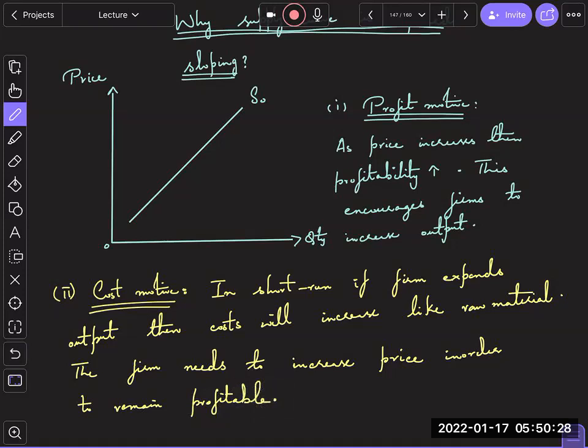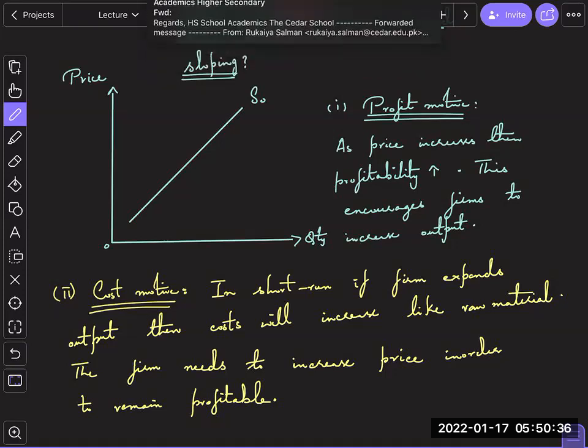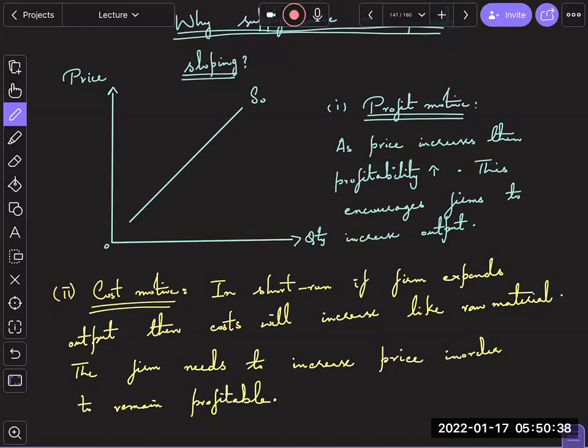So, in order to maintain the same level of profit, the firm needs to increase the price, because if you are expanding your output, if you are producing more, then the cost of raw material will be higher, the cost of labor will be higher, and other direct expenses, other variable costs, will increase. And in order to maintain the same profitability, the firm needs to increase the price. So that is why our supply curve is upward sloping.